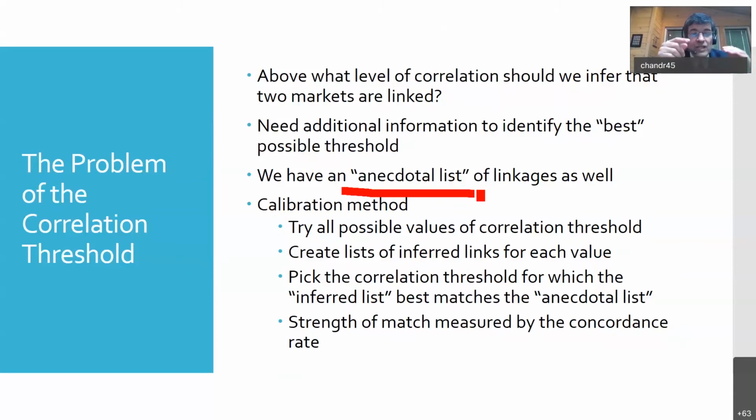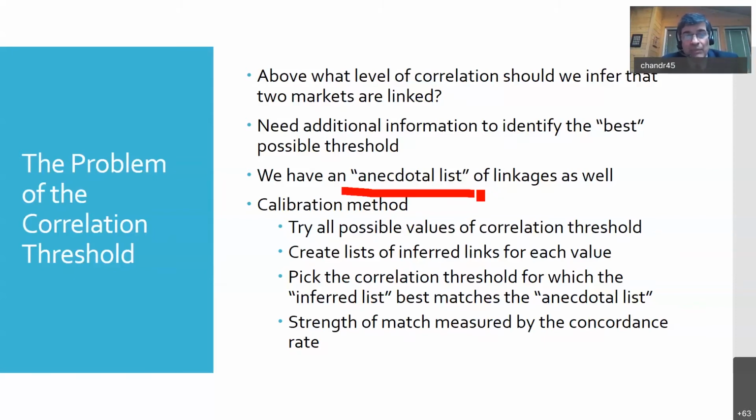In other words, if the correlation for, let's say, Kansas City and Grand Rapids is 0.65, and we try a correlation threshold of 0.5, well, the correlation for Grand Rapids and Kansas City is higher than that, so we're going to say, yes, we infer that you are linked. But as we ratchet up that threshold, and we get to, let's say, a threshold of 0.70, we will no longer infer that Grand Rapids and Kansas City are connected.